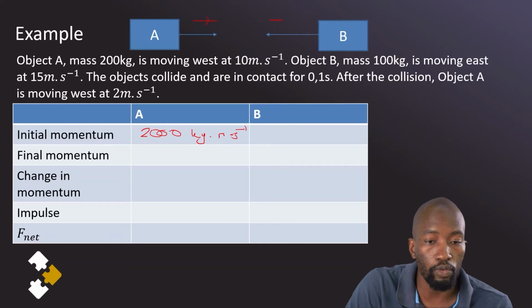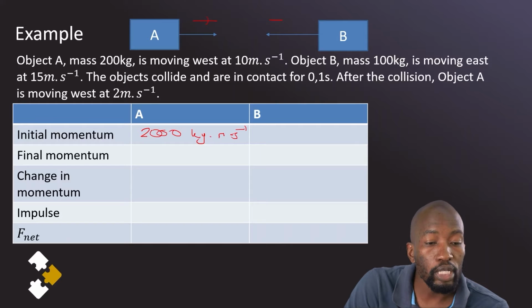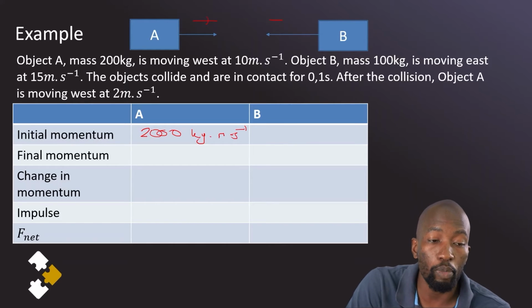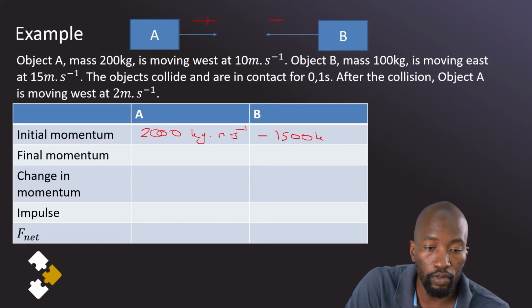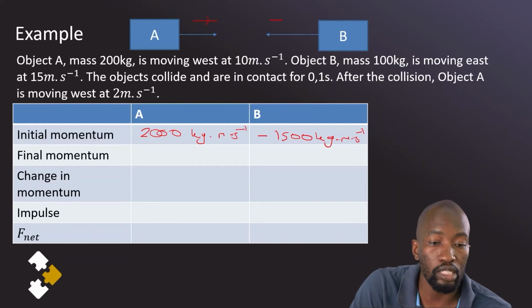That's the SI unit for momentum. Then for object B, its initial momentum will be 100 multiplied by 15, but in the opposite direction. So that'll be negative 1500 kg m/s. The negative just tells us about the direction. Now we need to find the final momentum.